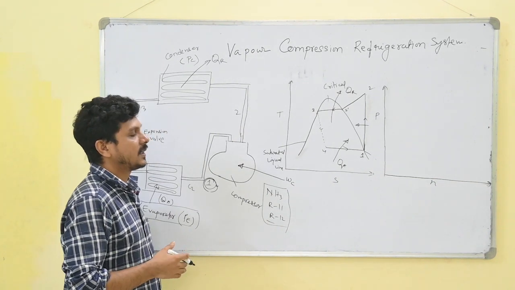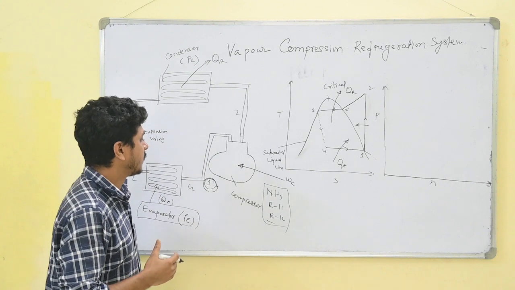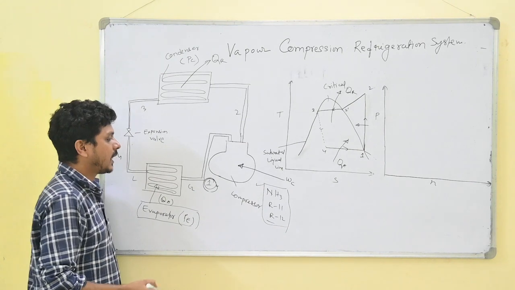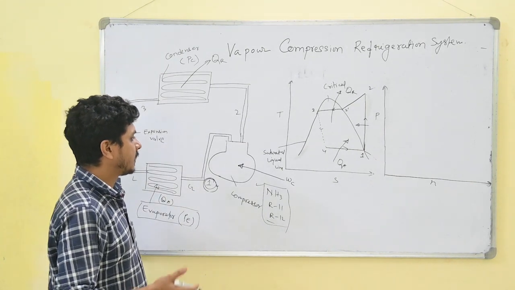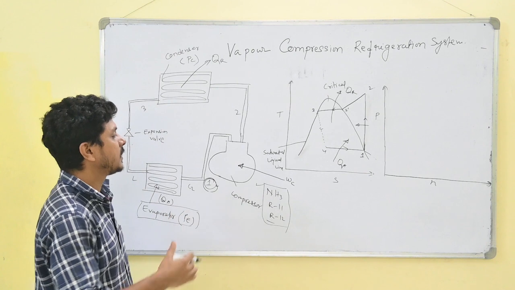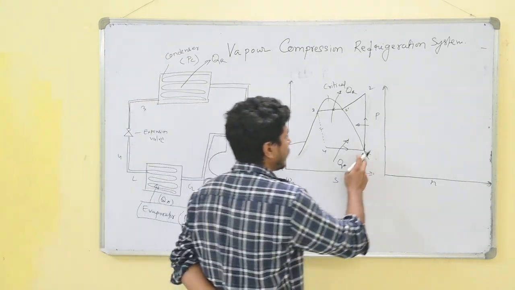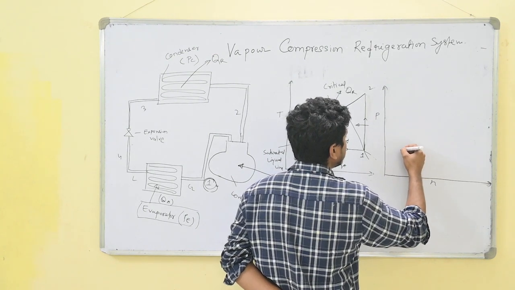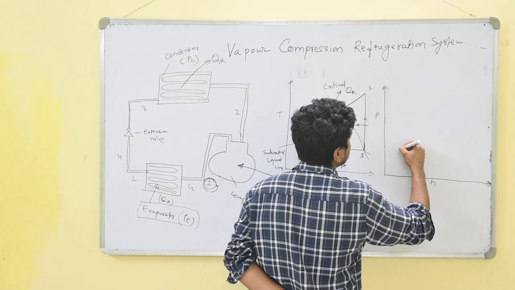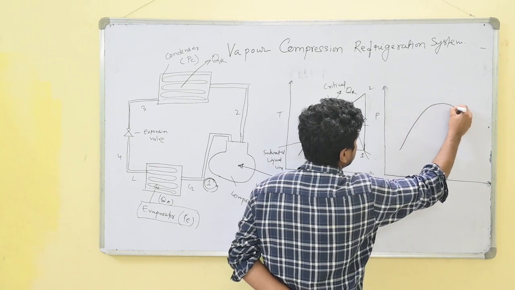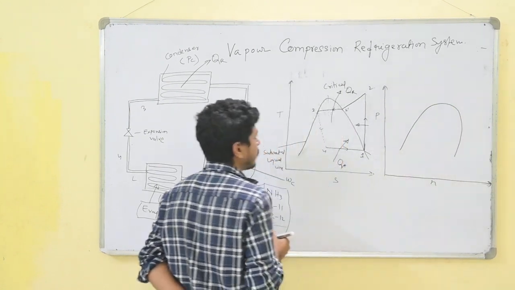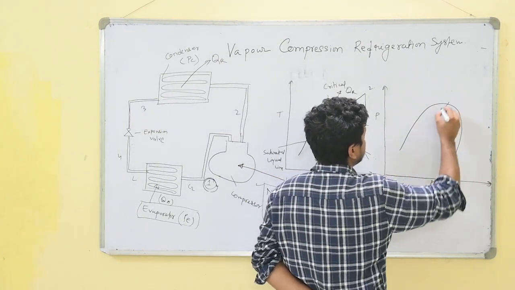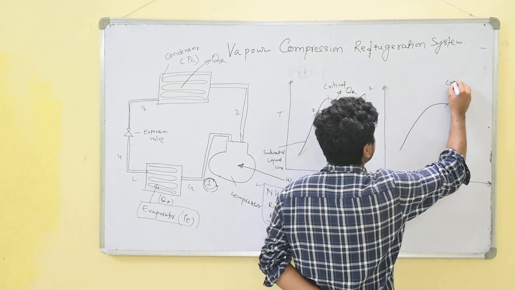In this system, the usable refrigerants are NH3, R11 or R12, and the phase change takes place during this process. So we have to draw the pH characteristic curve, and the pH characteristic curve looks like this. And this is the tip of this pH curve. This is called the critical point.